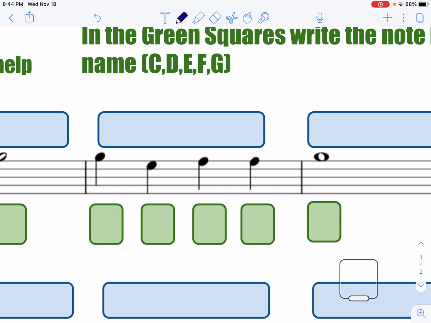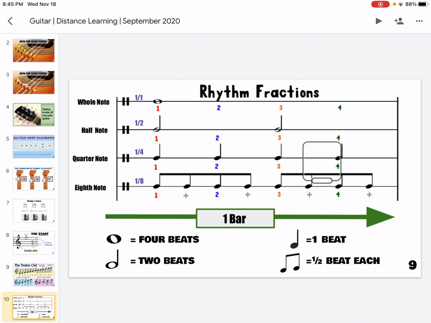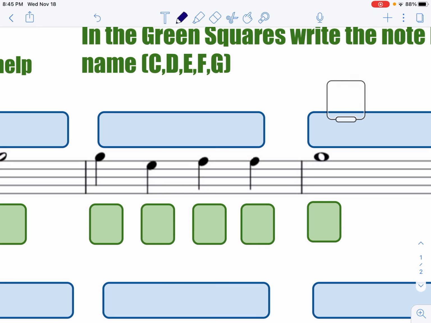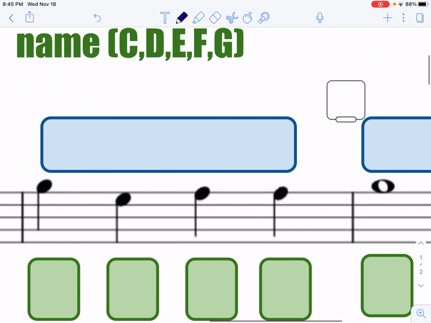When it doesn't have a tail like that, and it's a circle, let's look at our page, and that is a whole note. So we need to write in whole note when we see that symbol.